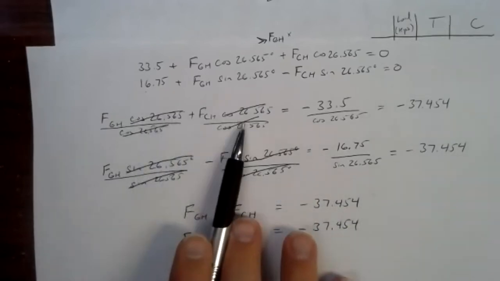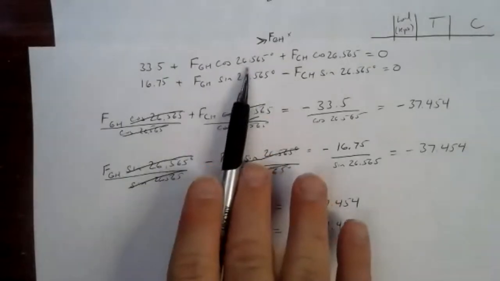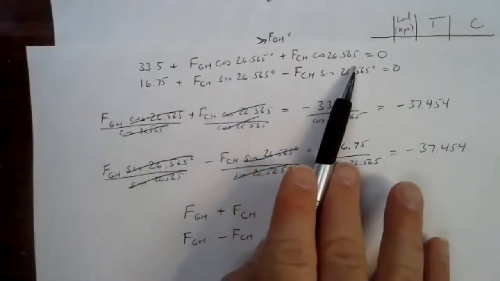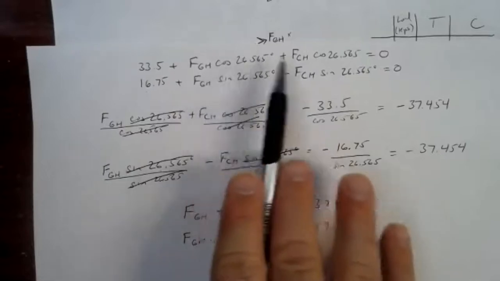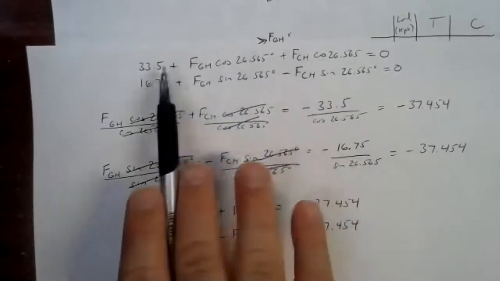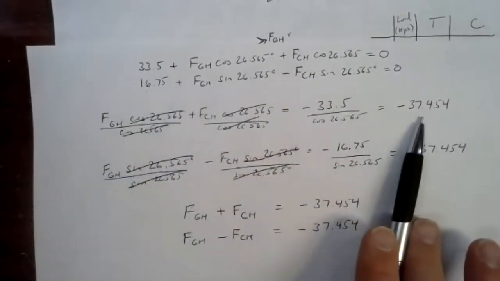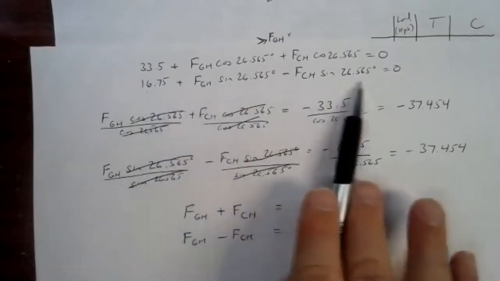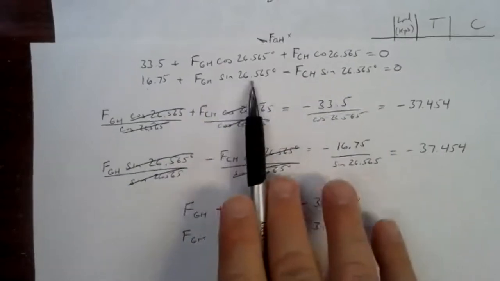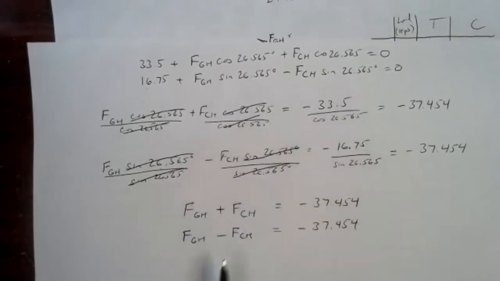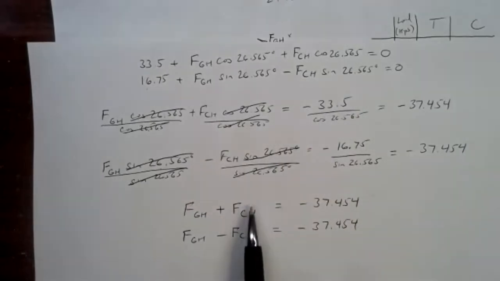All we did was divide through the x direction equation by cosine of 26.565. That knocked out these ugly numbers here and just gave us one number to deal with. We divided the second equation, the y direction equation, through by the sine. And that gave us a nicer equation to deal with, but preserved the sign difference between FCH in the x direction and FCH in the y direction.